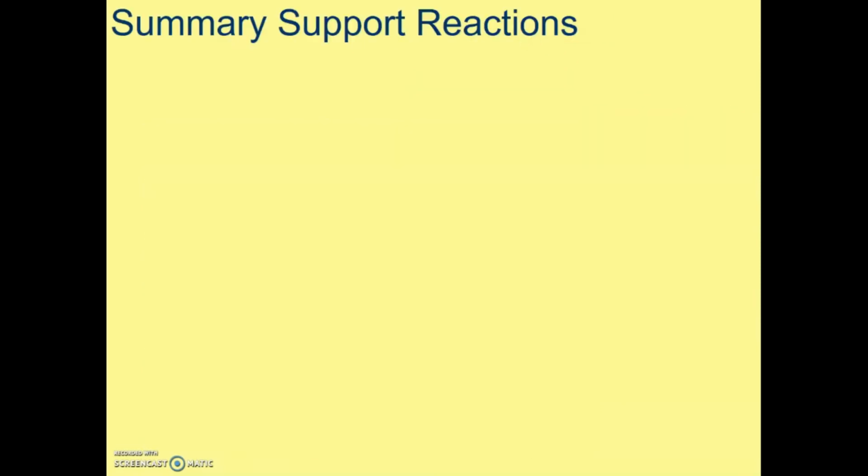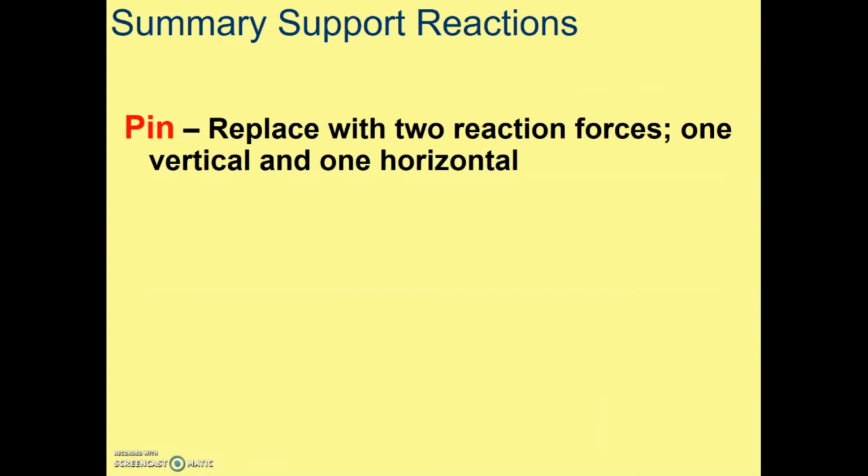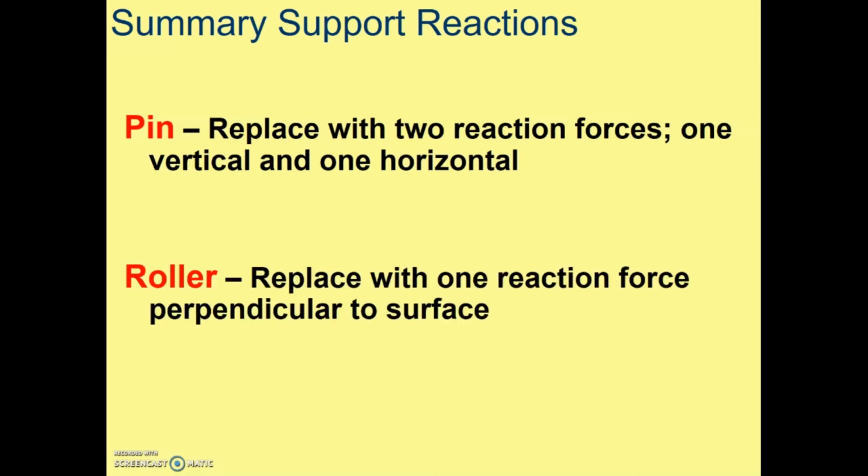So again, for our support reactions, if you have a pin, you're going to replace it with one vertical and one horizontal. Whenever you have a roller, we're going to replace it with one reaction force that is perpendicular to the surface. Now keep in mind, we may have pins and rollers on a vertical surface, but think about it as more of perpendicular and parallel to the surface rather than always up and always down, or always left and always right.